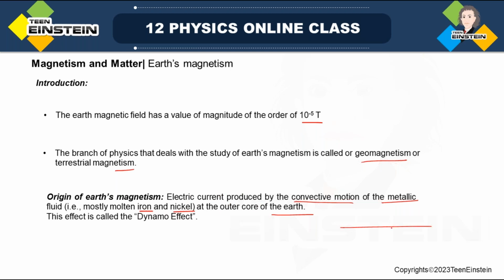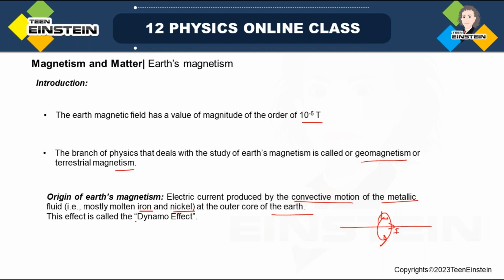As you know, electric current produces a magnetic field around it. Similarly, here it is said that in the core there are nickel and iron, and at the core there is a huge temperature, and everything is in the molten state.